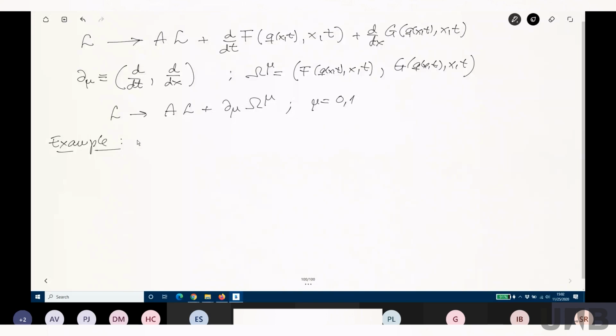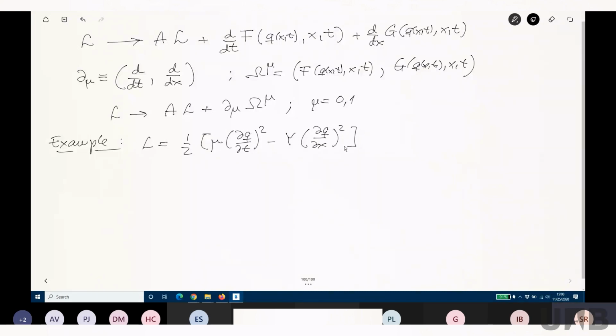For a string, we know that the Lagrangian density was 1/2 of mu, which was the mass density, dq/dt squared, minus Young's modulus, remember, dq/dx squared.